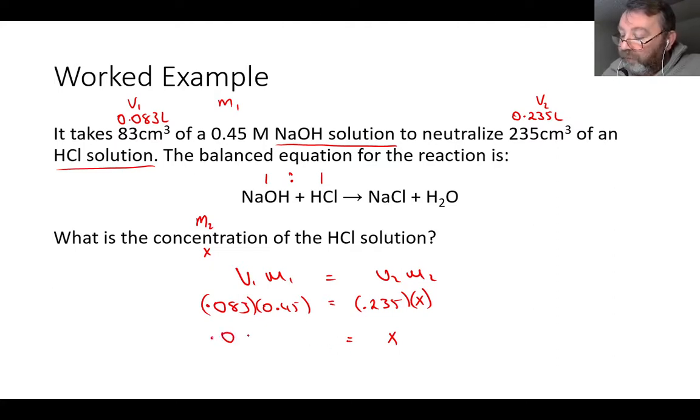So 0.083 multiplied by 0.45 over 0.235 is the value of X I'm looking for, which will be the concentration of HCl.